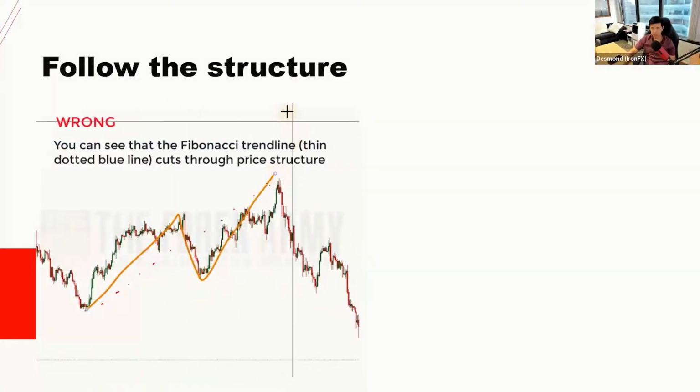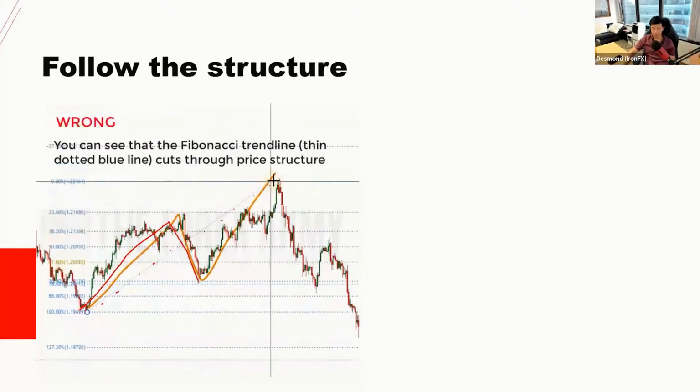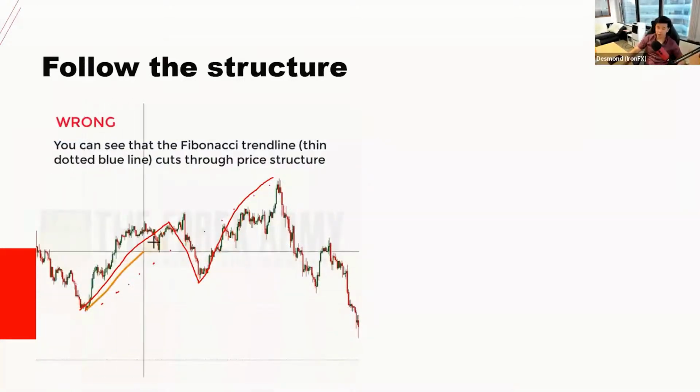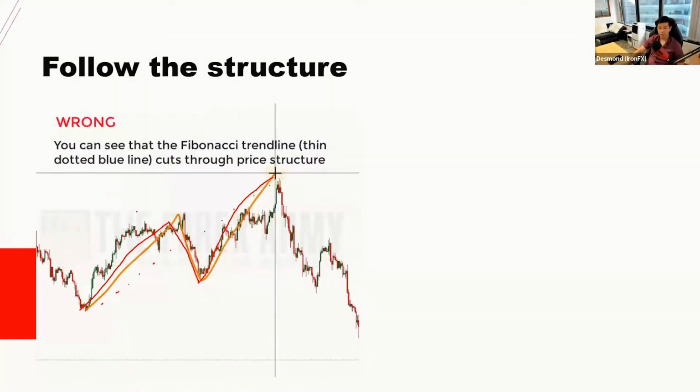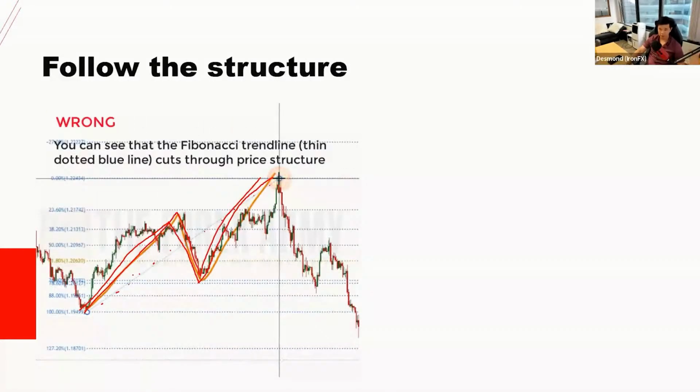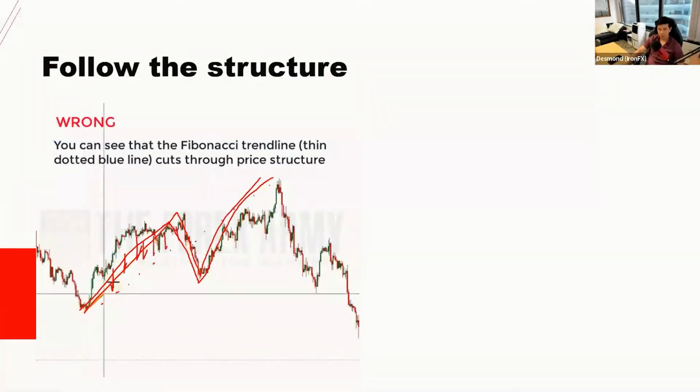This dotted line needs to follow price as closely as possible to be accurate and relevant. In this example, when price is moving in this direction, the Fibonacci retracement is not very effective because price tends to deviate quite far from the dotted line.